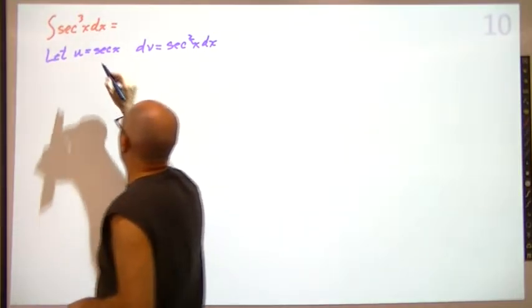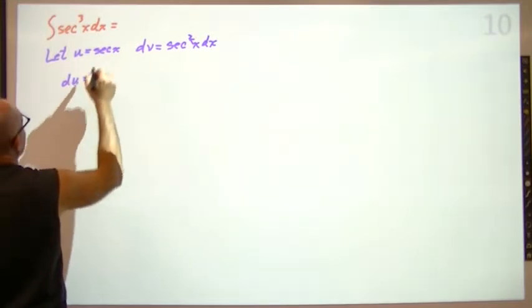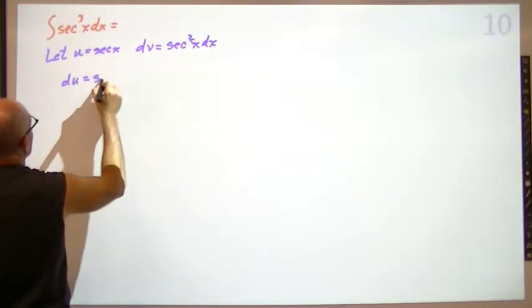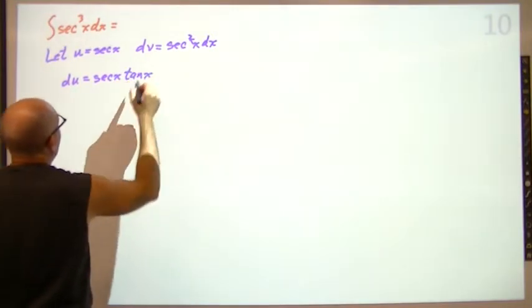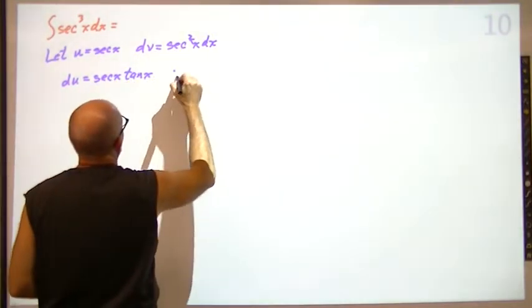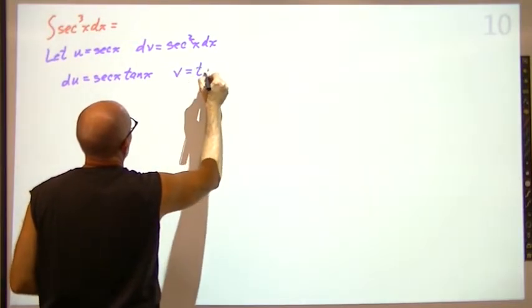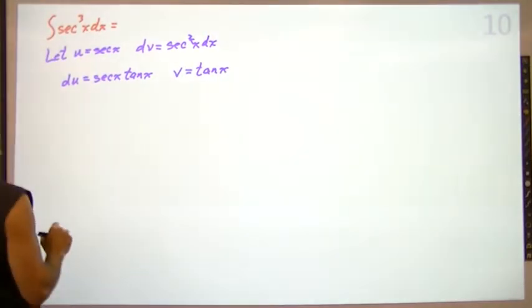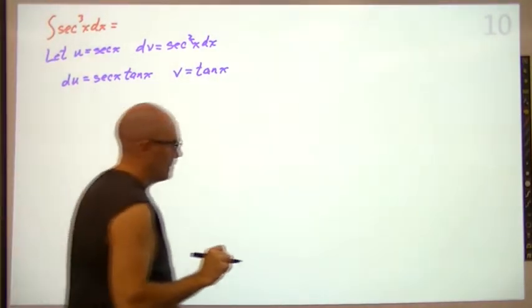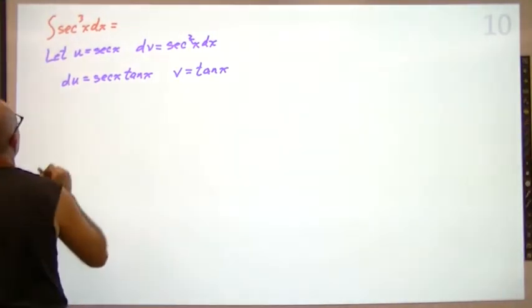Okay, now, that makes du, the derivative of secant, secant tangent. And dv will make v the integral of secant squared, which is tangent. Okay, now we're ready to apply our integration by parts.